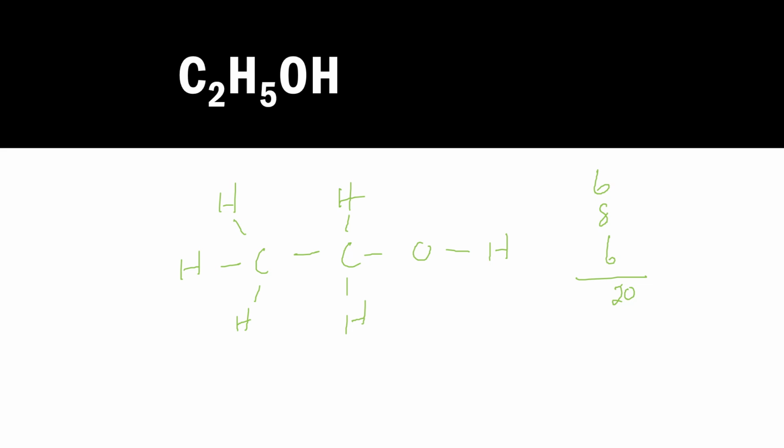This oxygen needs 2, 4, 6, 8. So now count the valence electrons. 2, 4, 6, 8, 10, 12, 14, 16, 18, 20. So it is saying 20, therefore 0. So this is the Lewis structure.